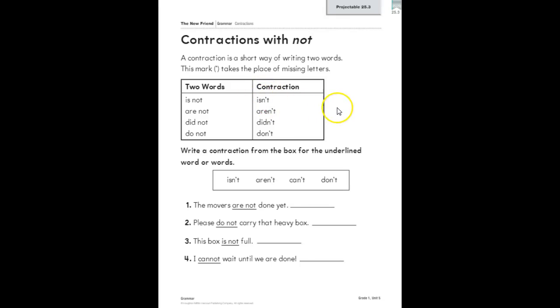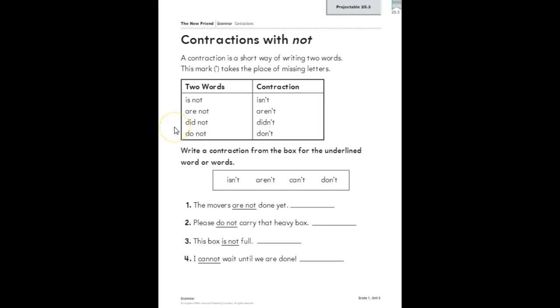So the contraction isn't stands for is not. The apostrophe replaces the O in not, and the same for aren't, didn't, and don't, because it's so much easier to say it with the contraction than it is to say it with the two words.